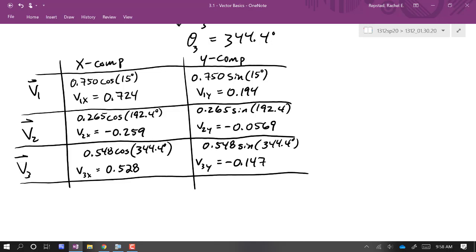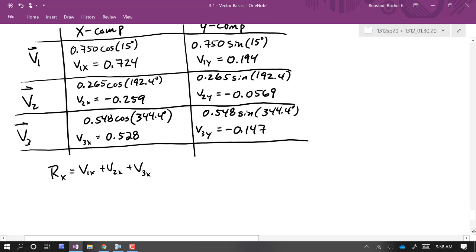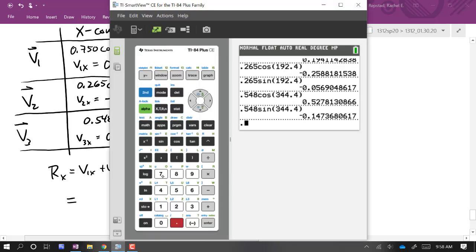Let's get our x. We're just going to add the x components. If we add these up, 0.724 plus negative 0.259 plus 0.528 is 0.993.